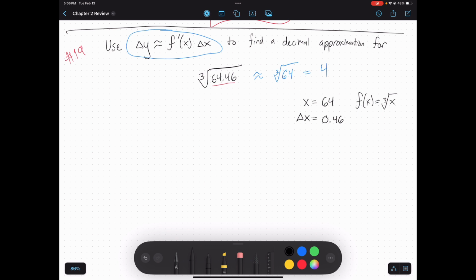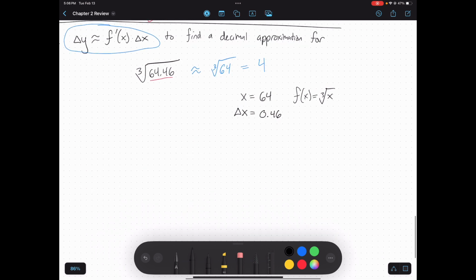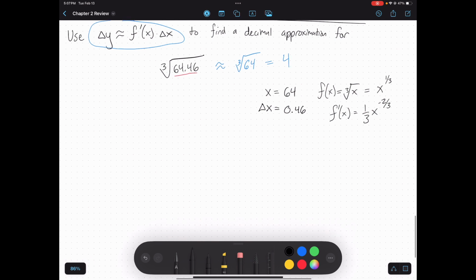That's my function. So I need to know what f prime of x is. Remember, I can rewrite the cube root of x as x to the 1/3. That makes finding the derivative a lot more straightforward. My derivative is just 1/3 x to the negative 2/3.